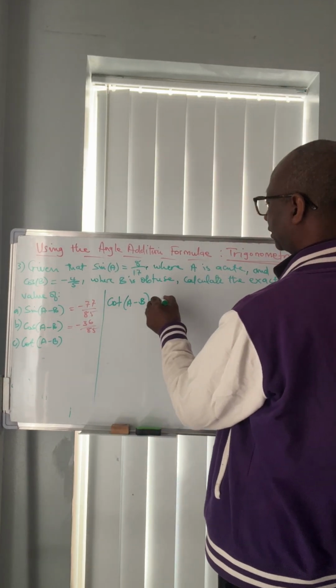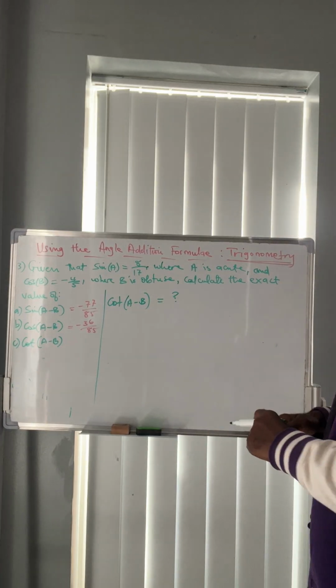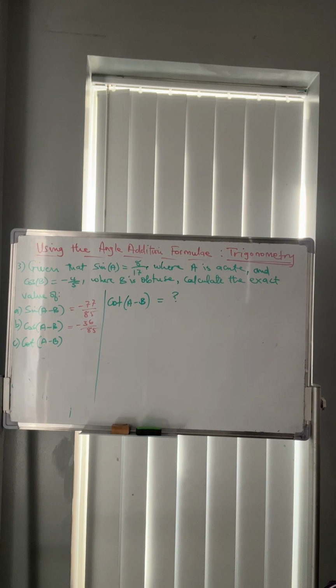You cannot get this directly from the angle addition formula. You cannot get the cotangent, but you can get the tangent.